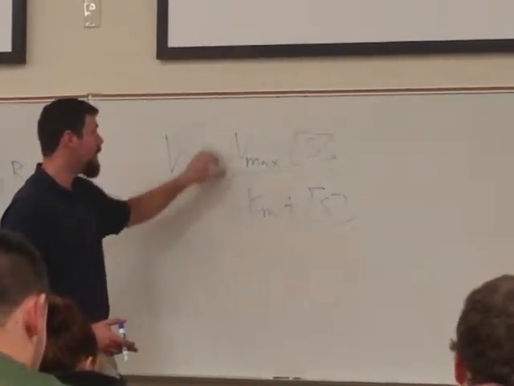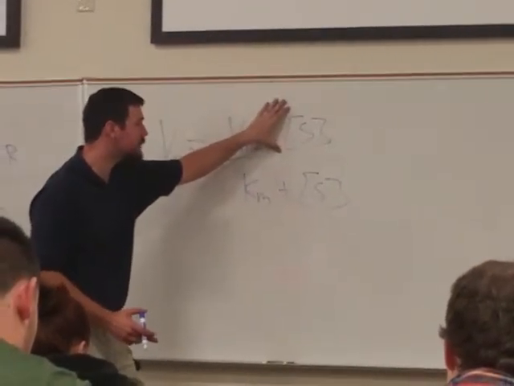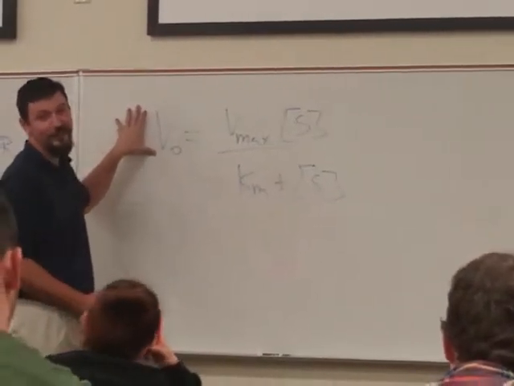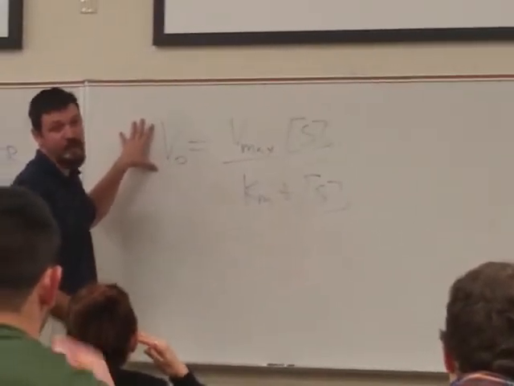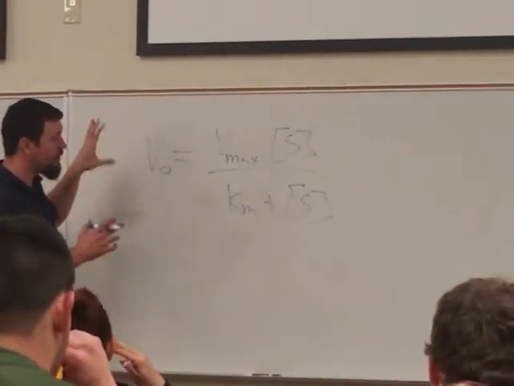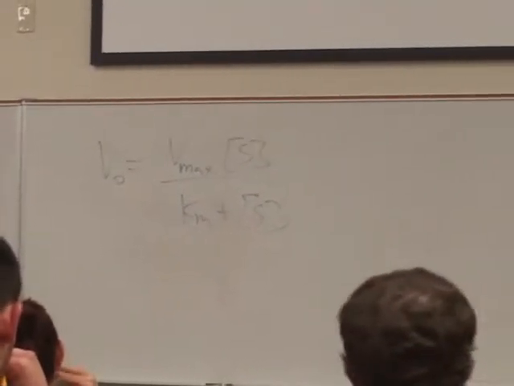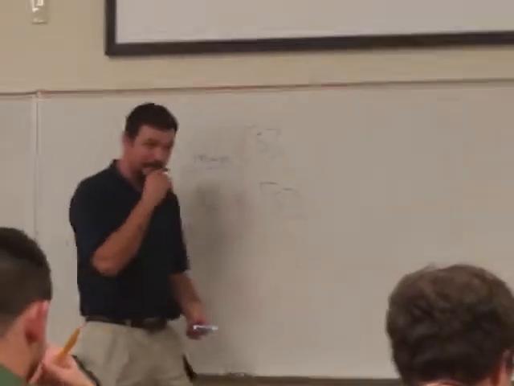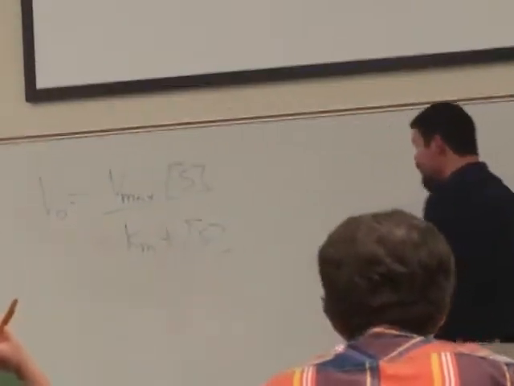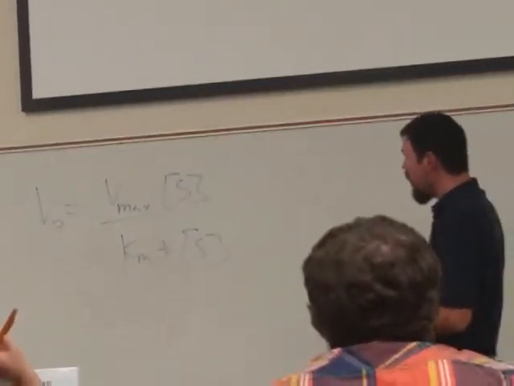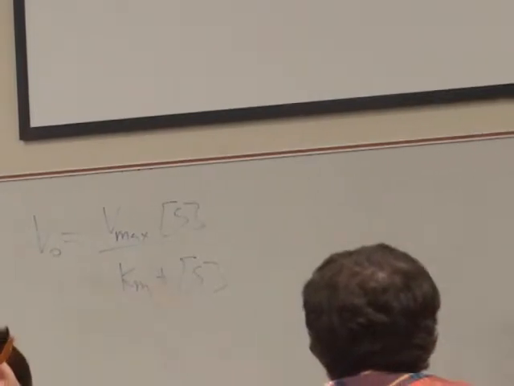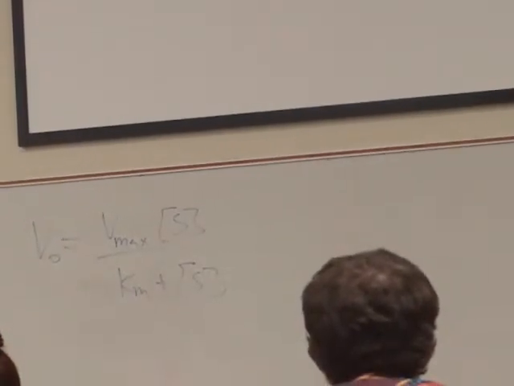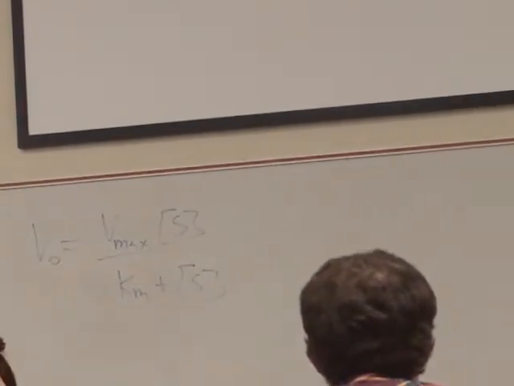If you know Km and Vmax and substrate concentration, you automatically can determine the initial velocity. This equation predicts the kinetics of an enzyme where 3 variables are known. Okay? And that's why it's so powerful. And we can use fitting programs where we only know a few of these parameters to actually determine these important parameters, Vmax and Km.